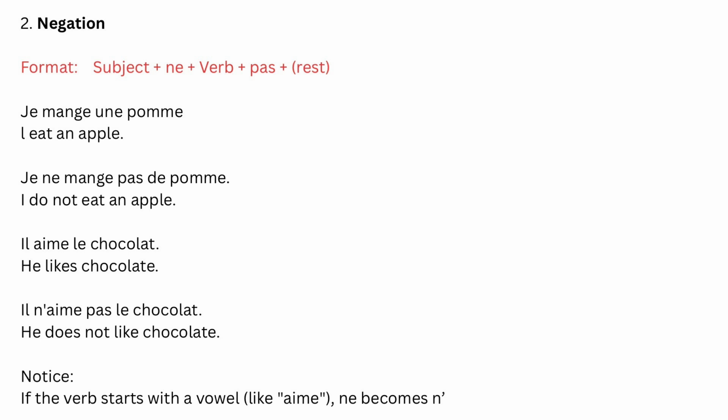Why is that so? In case your verb begins with a vowel, A, I, E, O, U, any of them, or it begins with H, in that case, the ne becomes an apostrophe. So, this is how we can form a negative sentence.